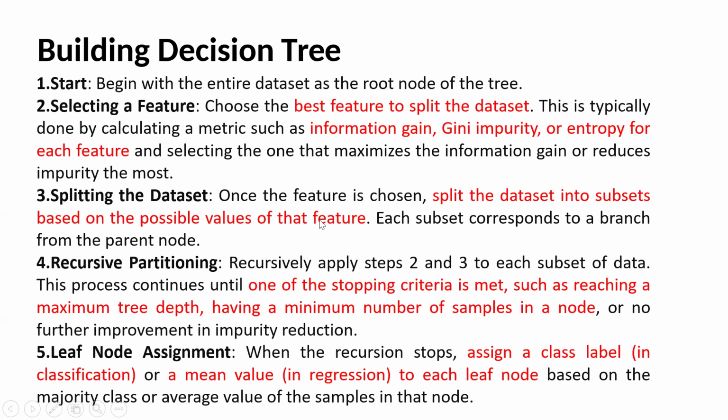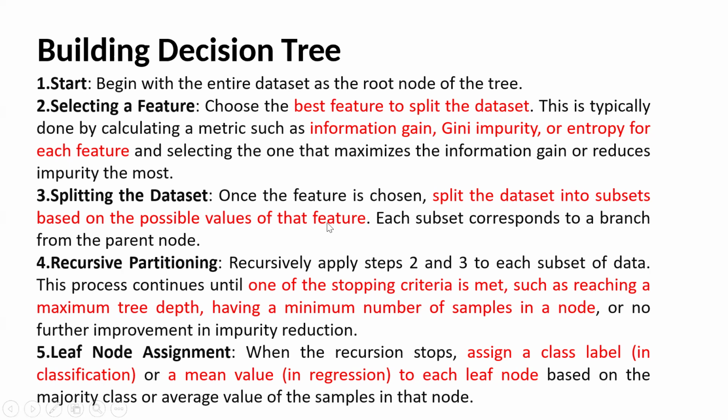Once the feature is chosen, we need to split the data set into subsets based upon the possible values of the feature. So say for example, if there is a feature called the temperature for a particular day, and it takes the possible values cloudy or sunny, the possible values are cloudy and sunny.